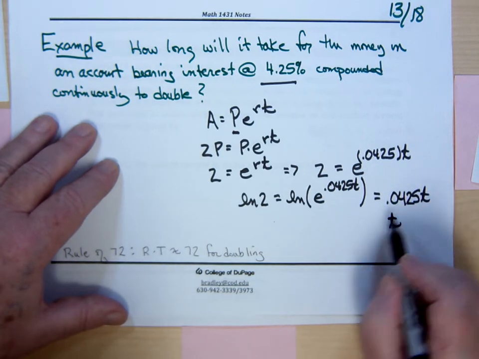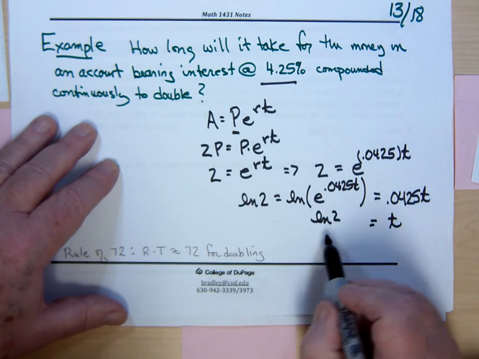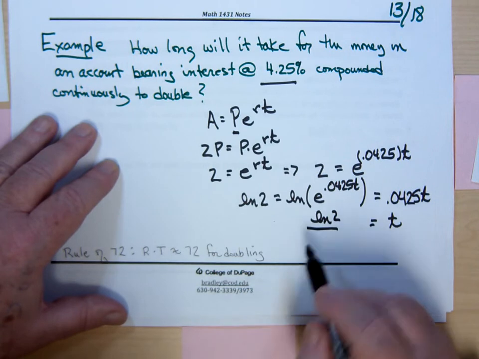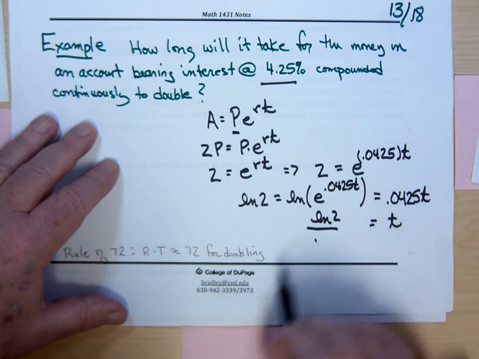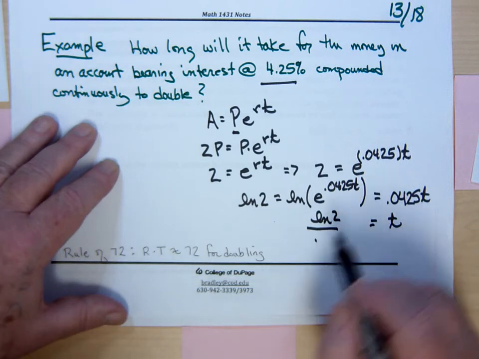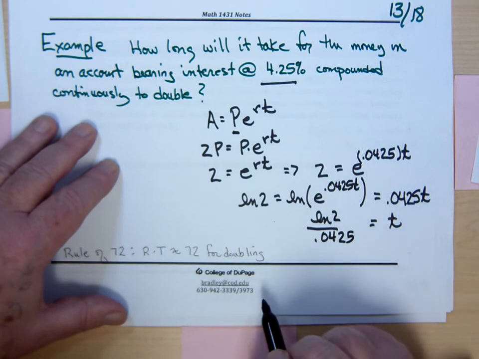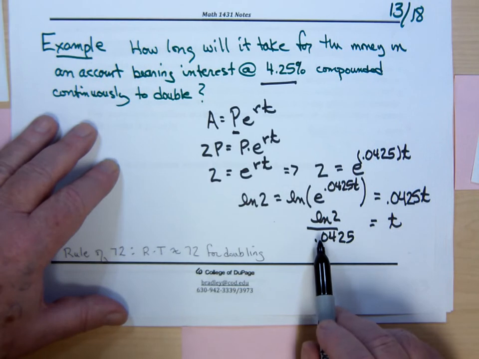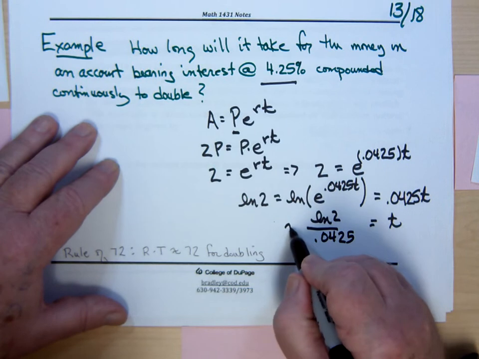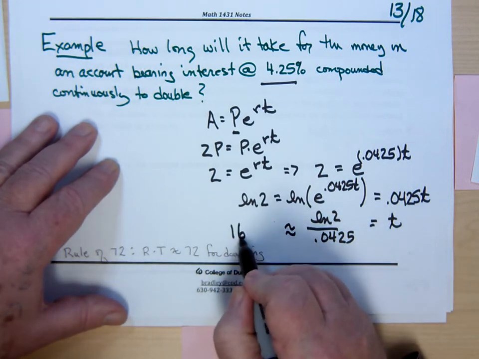So t is equal to the natural logarithm of 2 divided by 0.0425. And if you do that, you should punch this into a calculator to make sure that you can do it, but we're going to get approximately 16.3 years.